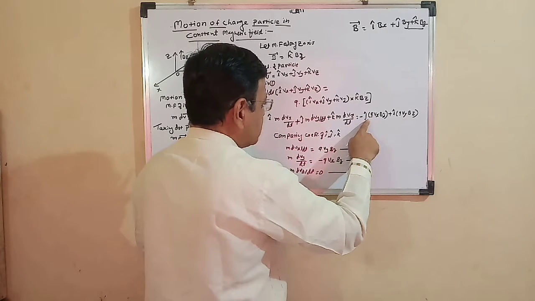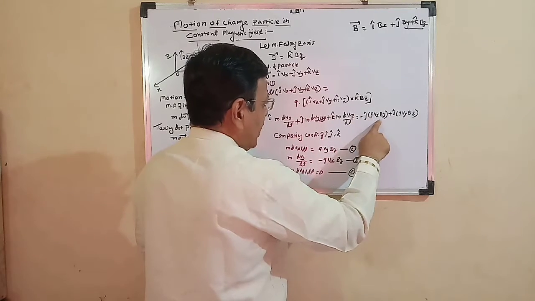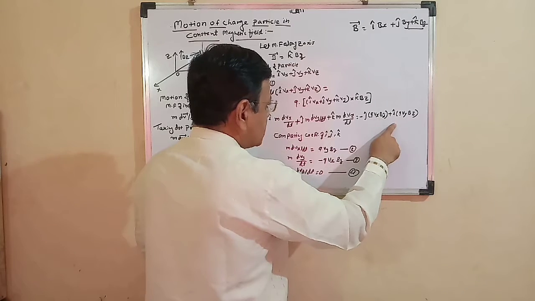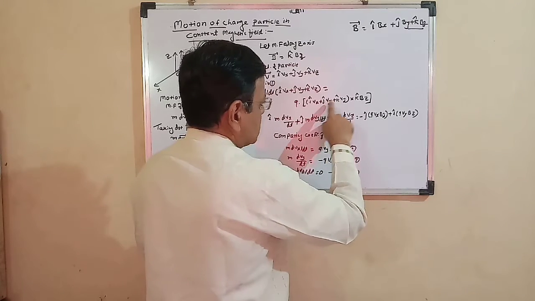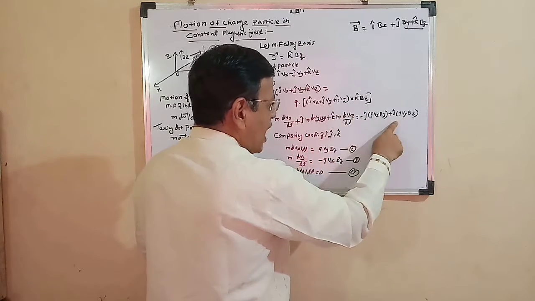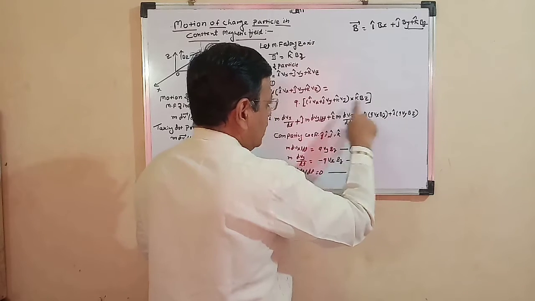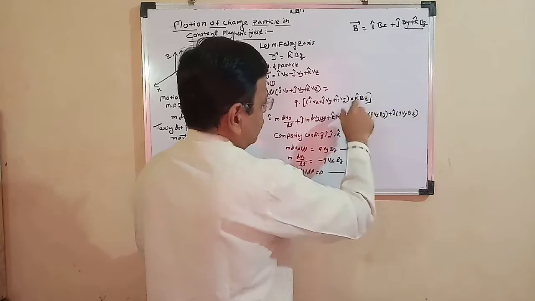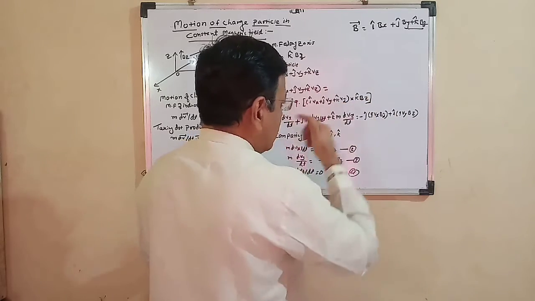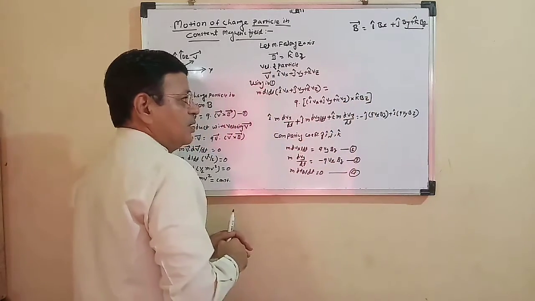So we have to write this minus j cap q vx Bz, plus j cross k is nothing but i, so q vy Bz into i cap. k cross k is 0.